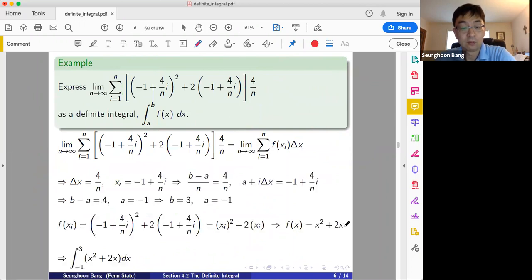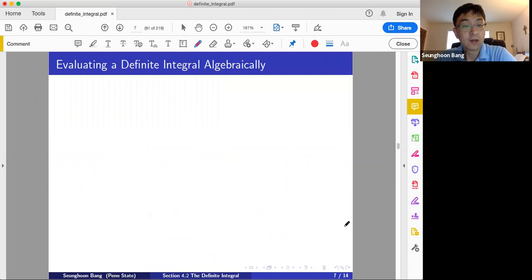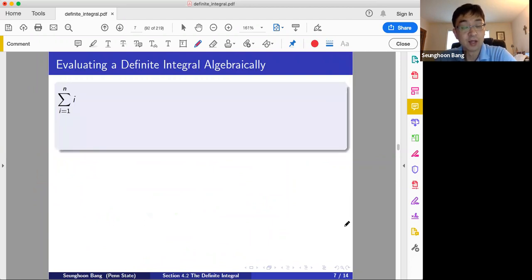So, evaluating a definite integral algebraically, how can you do that? You can use this rule. Summation i equals 1 to n of i is n times n plus 1 over 2. Summation i equal to 1 to n of i squared is n times n plus 1 times 2n plus 1 over 6.